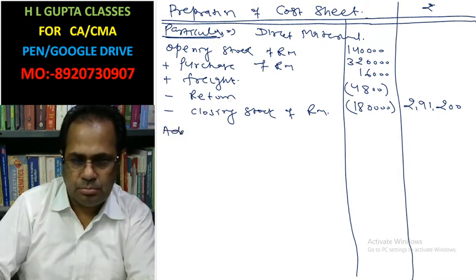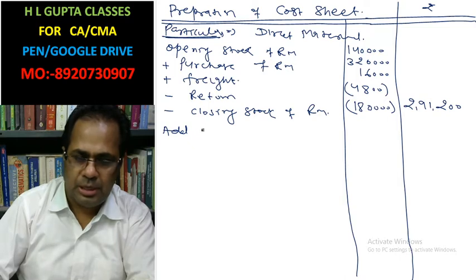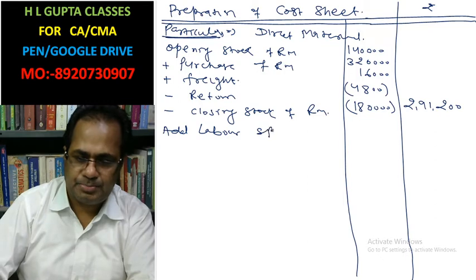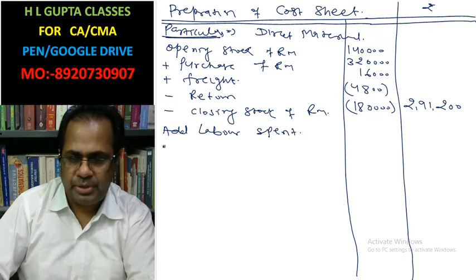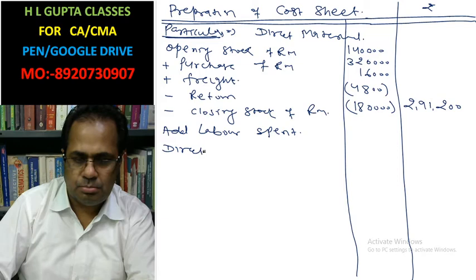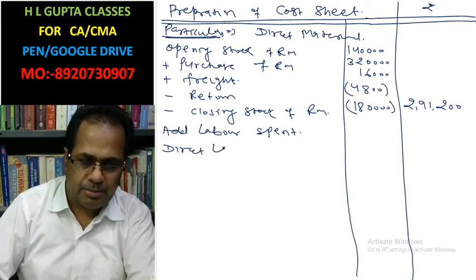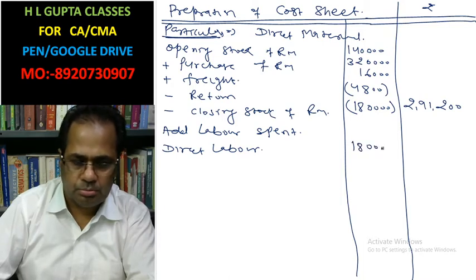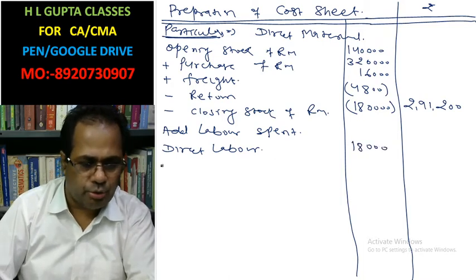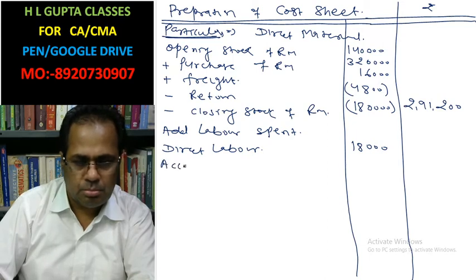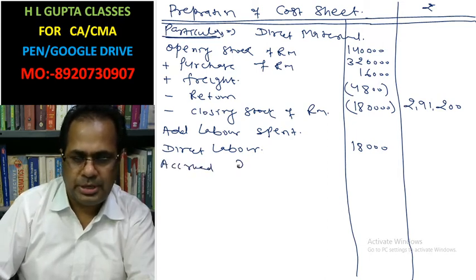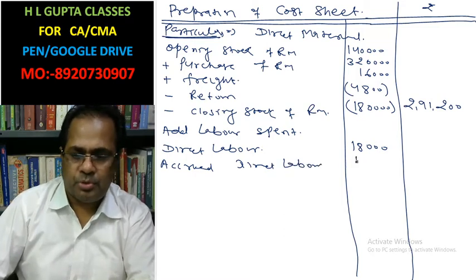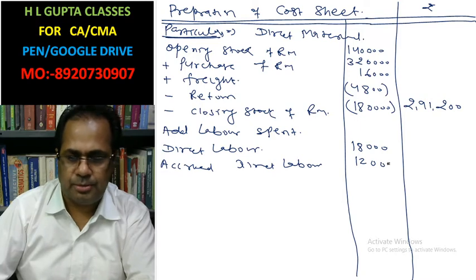Now add labor, direct labor 18,000, accrued direct labor 1,200.